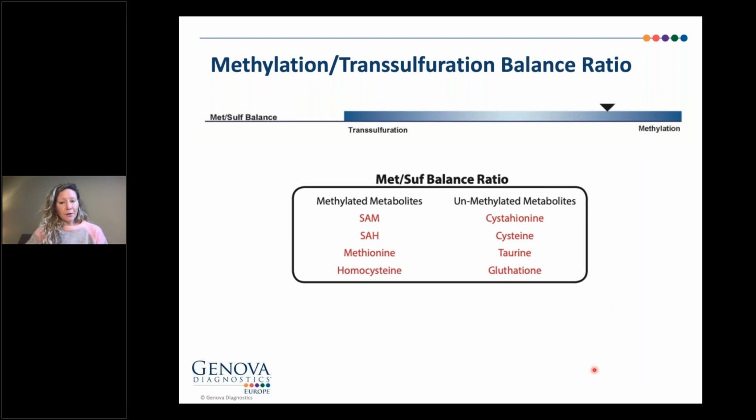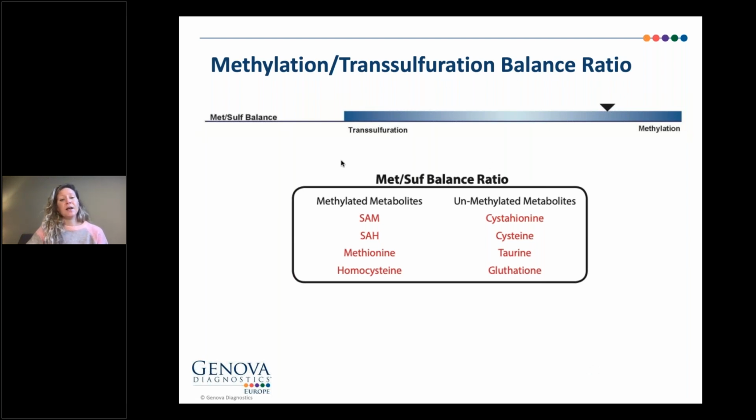The second calculated ratio is called the methylation to transsulfuration balance ratio, and it compares analytes between the methylation pathway and the transsulfuration pathway. There is a relative balance that exists between the methylation and transsulfuration pathways, and this balance ensures that adequate levels of glutathione are produced to counteract oxidative stress, and that an adequate level of SAM is made for methylation reactions.